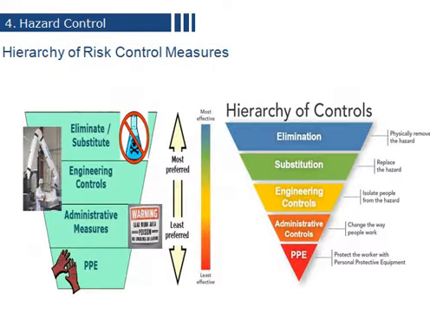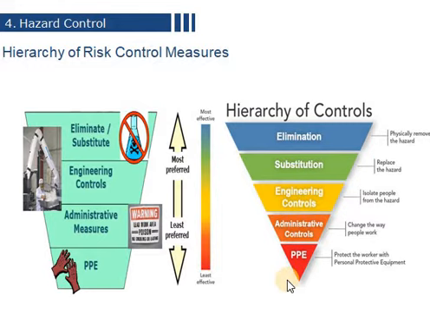So the hierarchy of risk control measures will look like this. This is the hierarchy, and this is the most preferred measure, and it's the most effective one. Elimination, then comes substitution, then the engineering controls and administrative controls, and the last one is the personal protective equipment.